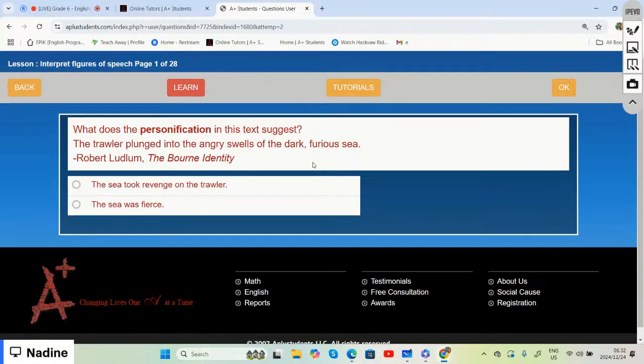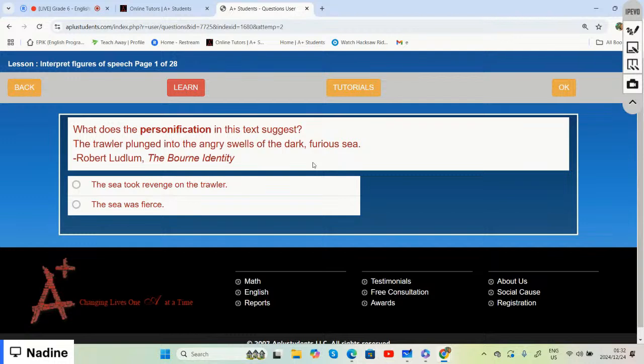We said with personification, the trawler plunged into the angry swells of the dark, furious sea. We need to find the personification in the text.